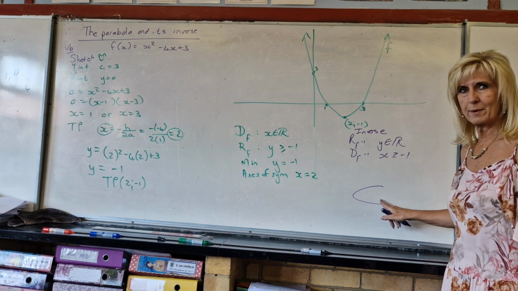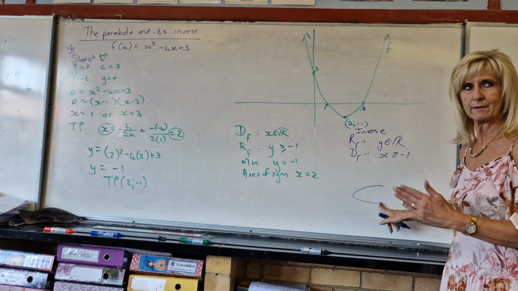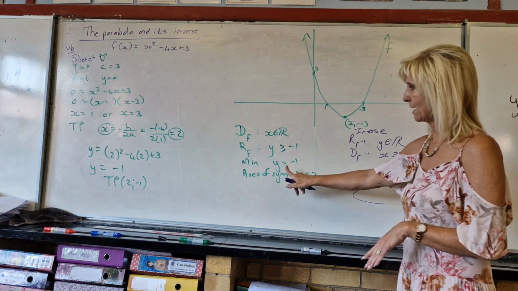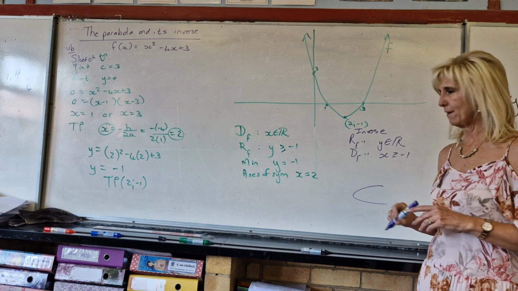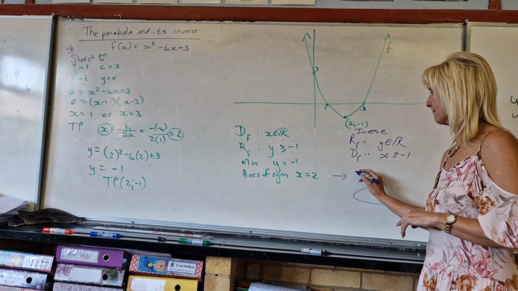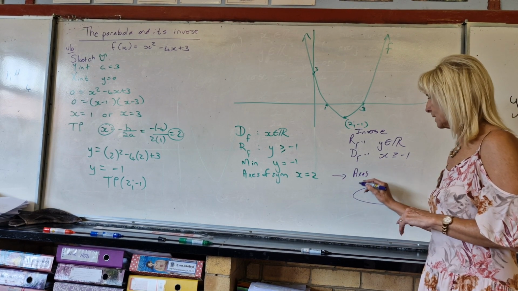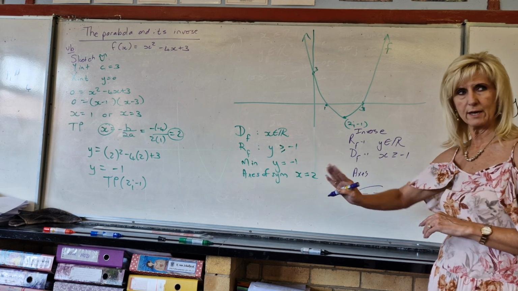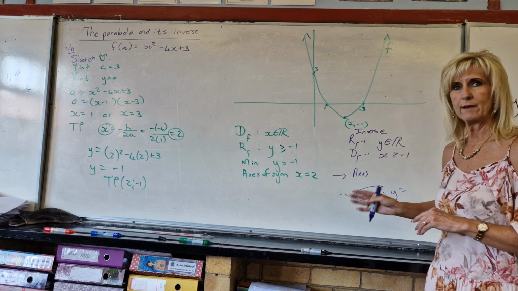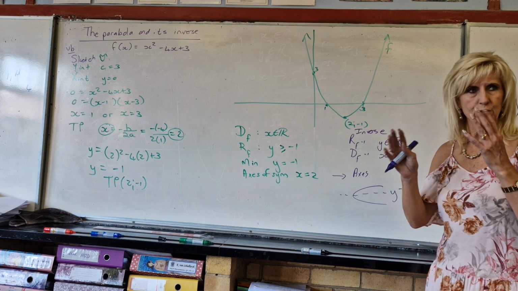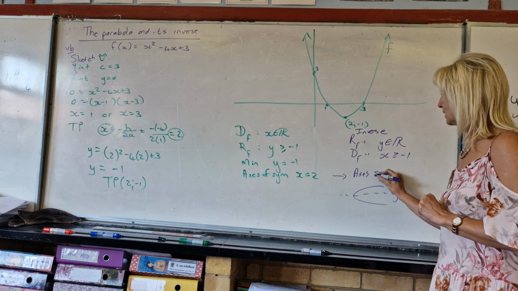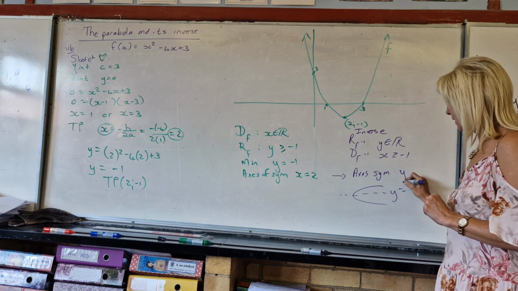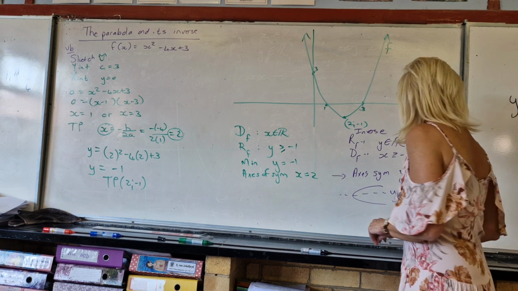But you can't talk about a minimum and a maximum here. Are you with me? So that's out. Axis of symmetry, will it have one? Y equals 2. Y equals is always a horizontal line. X equals is always a vertical line. It's coming back to you. Axis of symmetry will then be y is equal to 2.